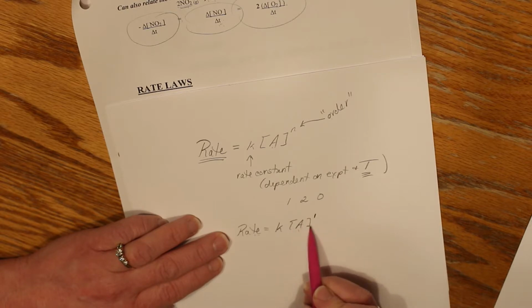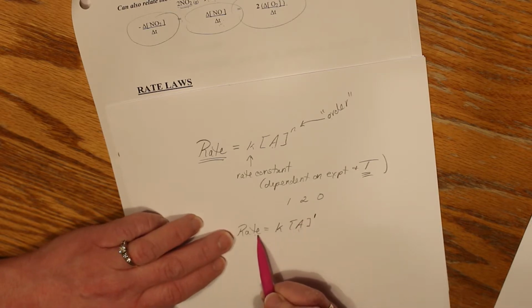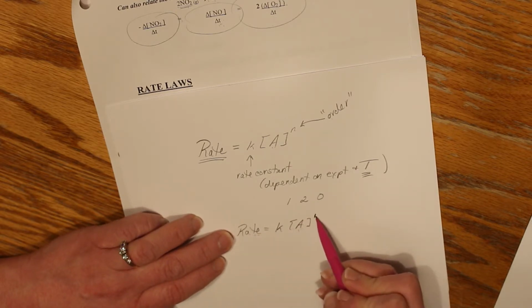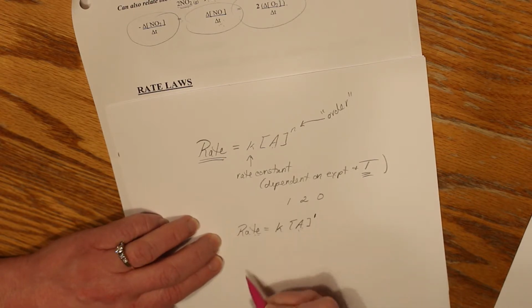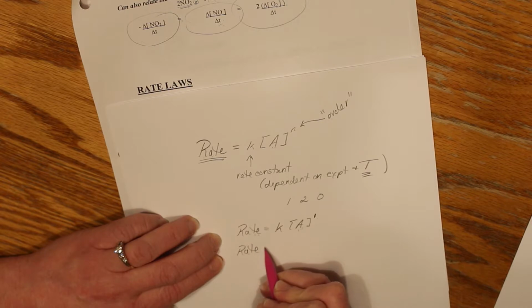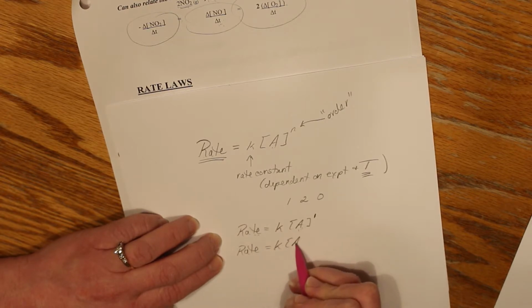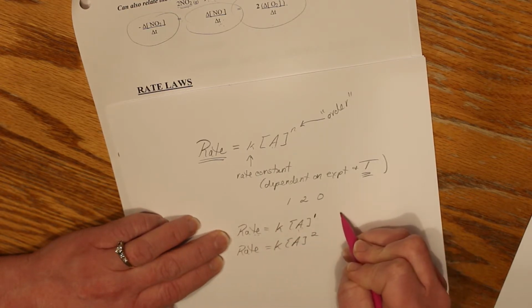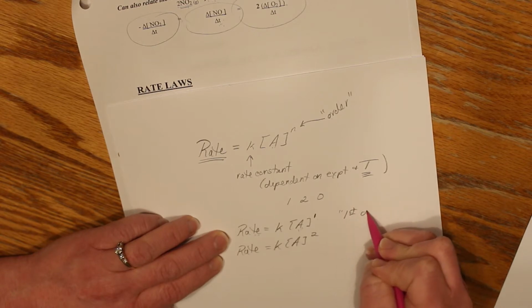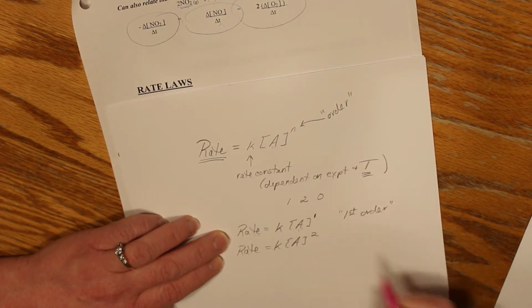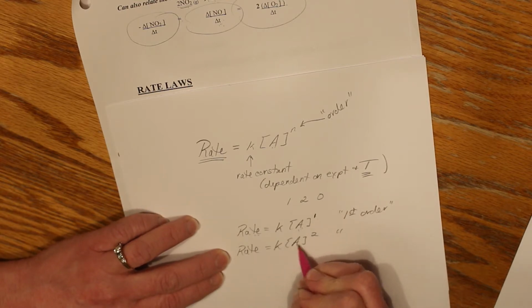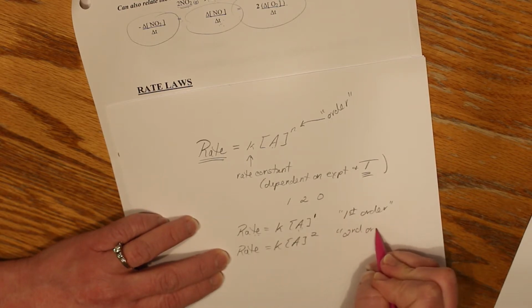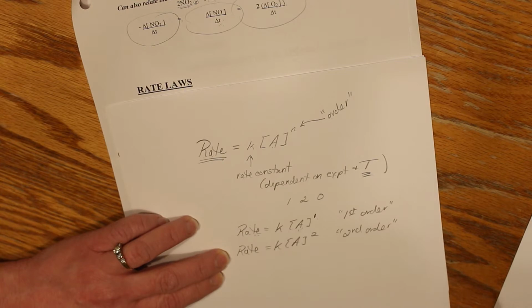So whatever change we make to the concentration, it has that same impact on rate because the power on the concentration is 1. If the order is 2, so the terminology we'd say is it's first order in A, or A is first order. We'd say here that it's second order in A, or A is second order.